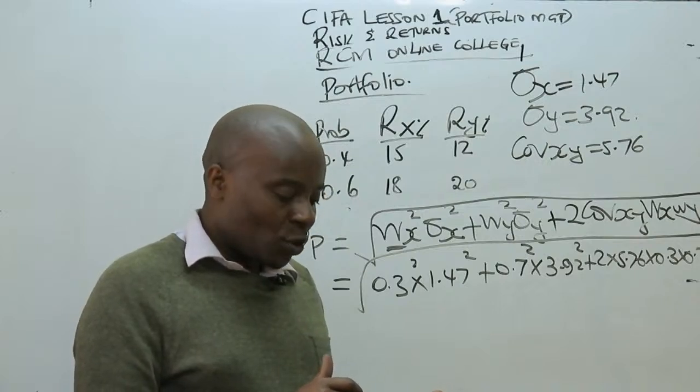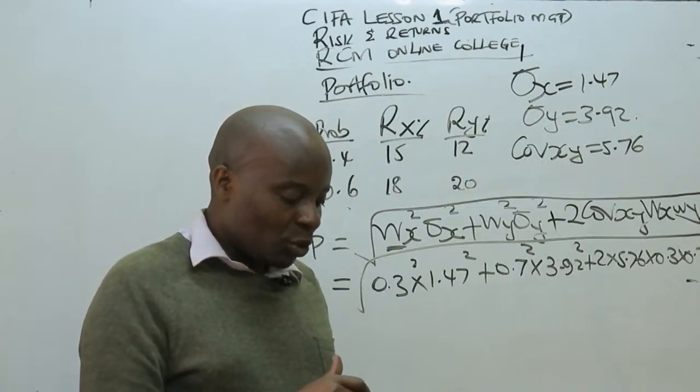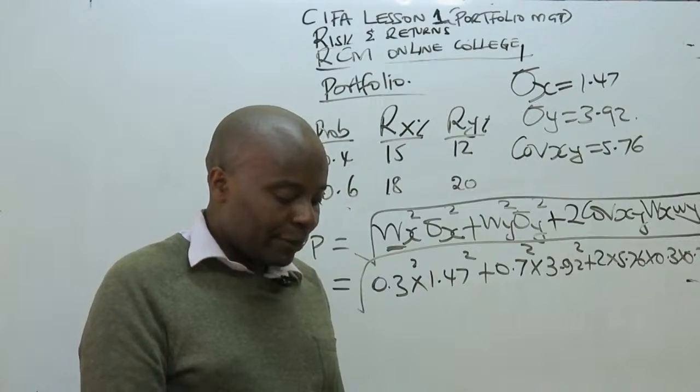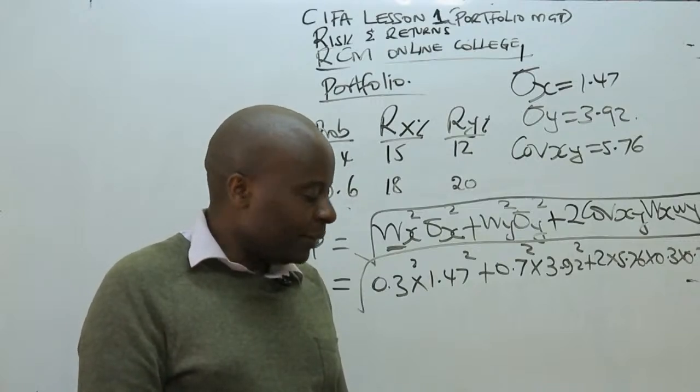This calculator of mine is quite limited. I think we just have to go back and work on this step by step, because I can see it's a limited calculator.